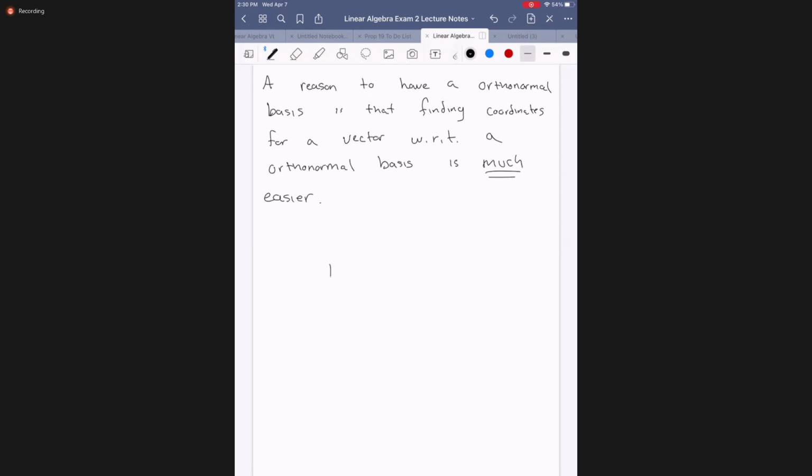If you have a basis B, V1 all the way to Vn, then a vector X in a vector space has coordinates C1 through Cn if X is equal to C1 V1 plus through Cn Vn. So the constants in the linear combination are the coordinates. These will be the coordinates of that vector X with respect to the basis B.